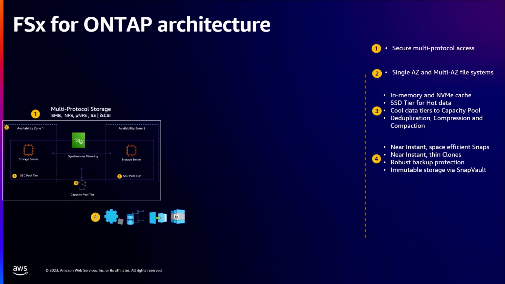Moving on, I was talking earlier about how critical data management and data protection are. And we bring a lot of new advanced features to FSx ONTAP that help you protect your data very rapidly.